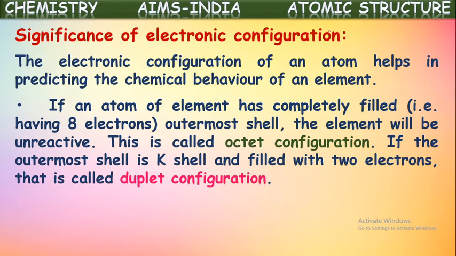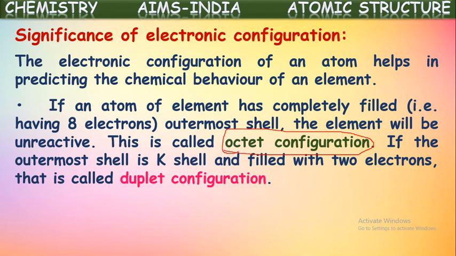This configuration where there are 8 electrons in the outermost shell is called octet configuration. Octa means 8. Octet configuration means the element configuration in which there are 8 electrons in the outermost shell. That is called octet configuration.